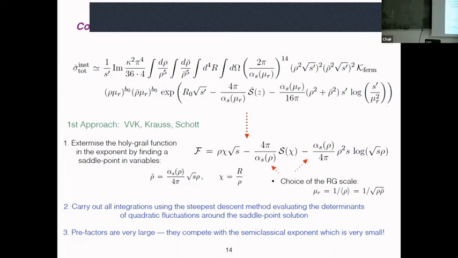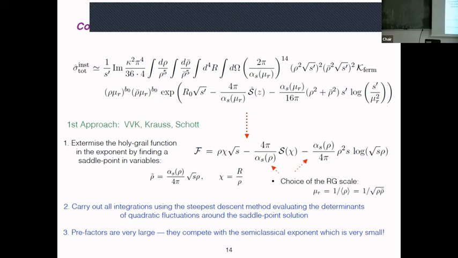Another thing I have to mention is that this ubiquitous scale, the renormalization scale mu rho, appeared in two different places. One, it appeared in the coupling, and the corresponding contributions of mu r also appear in the instanton measure.